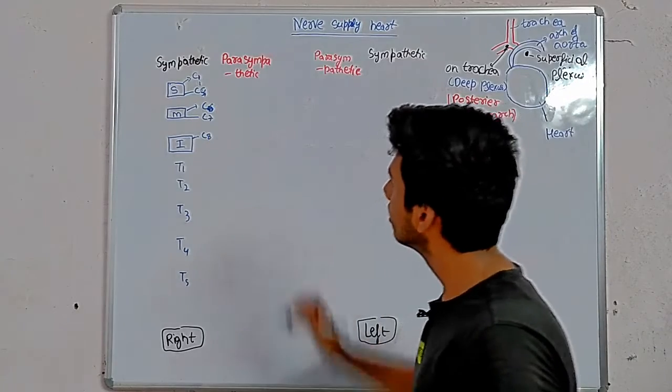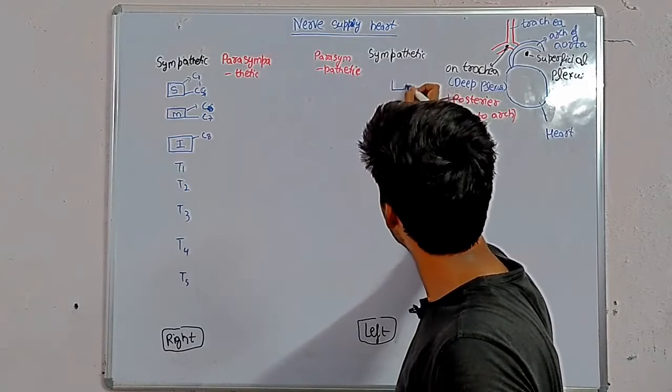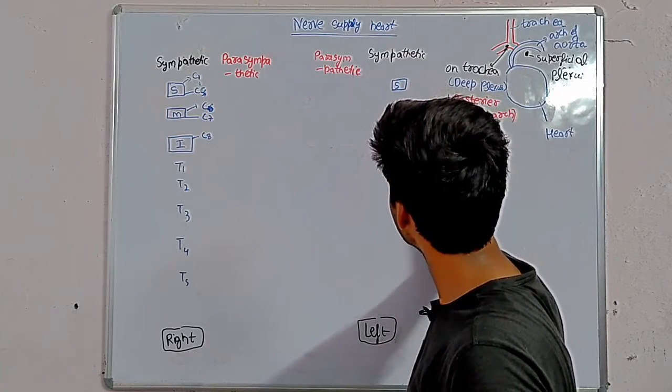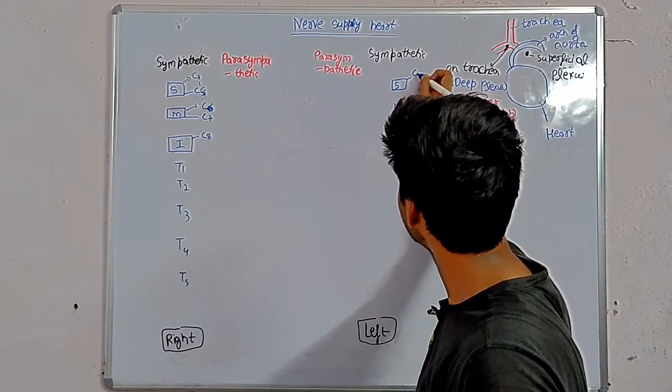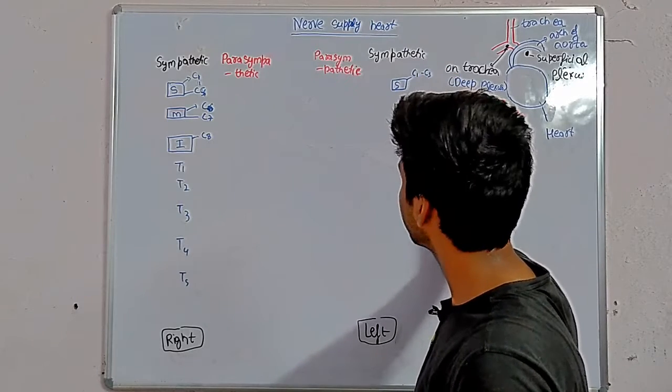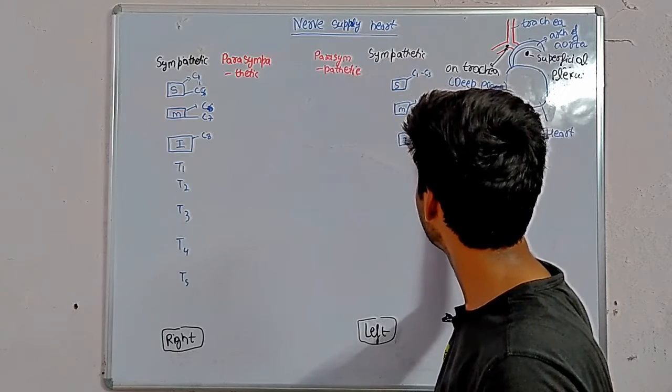These are the sympathetic supply on the right side. Just the same on the left side: superior cervical ganglion, middle cervical ganglion and inferior cervical ganglion. Superior contains C1 to C5, middle contains C6, C7 and inferior contains C8.